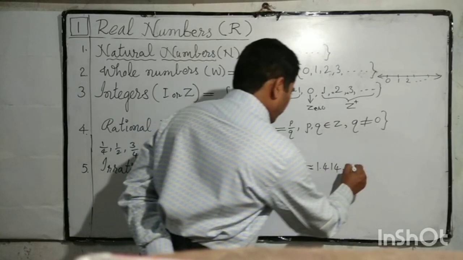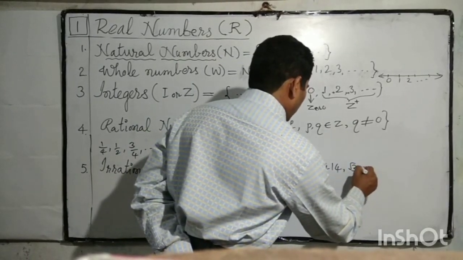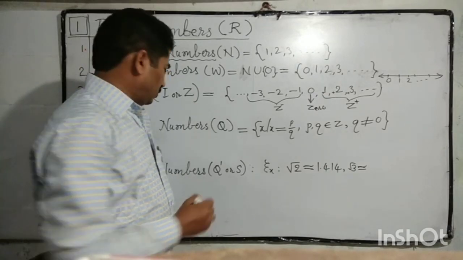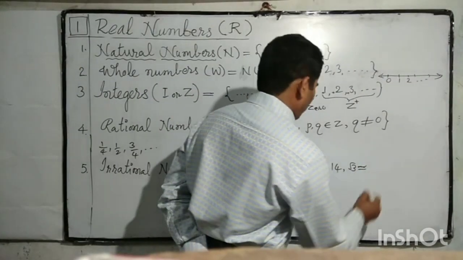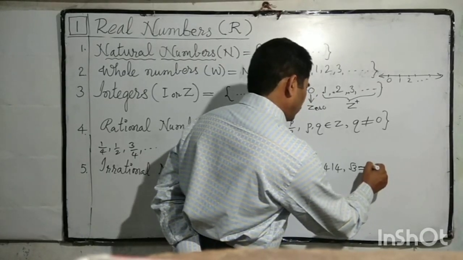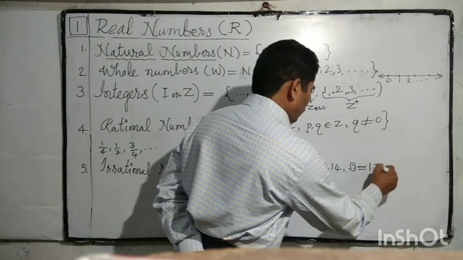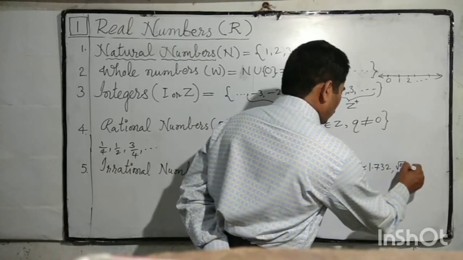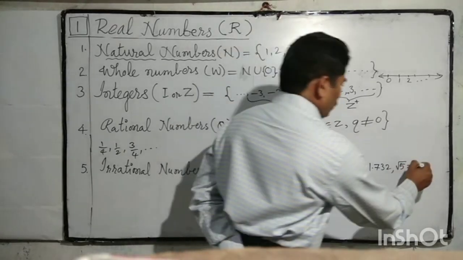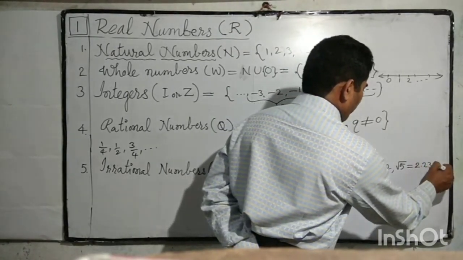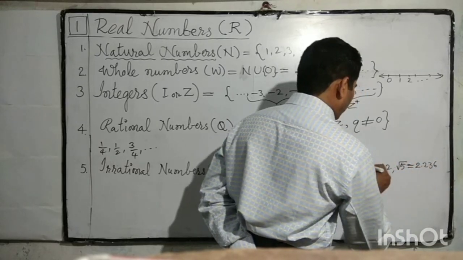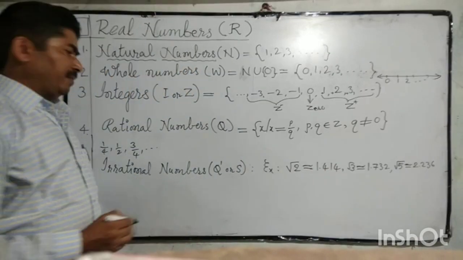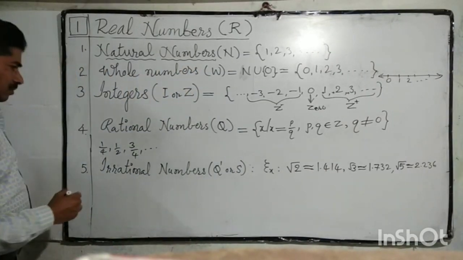Root 3 is not a rational number, it is also an irrational number, 1.732. Next, square root of 5, 2.236. These are approximate values only. These are irrational numbers.